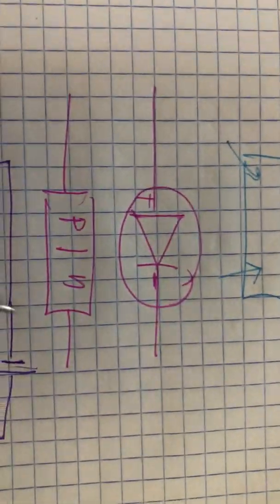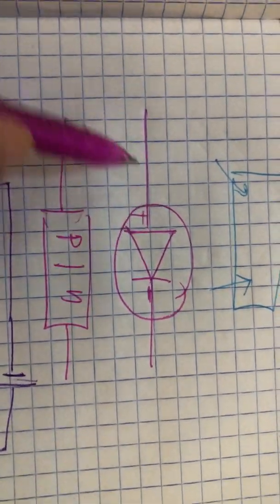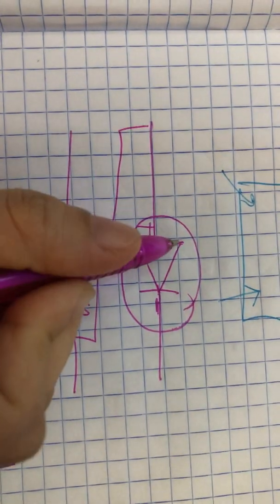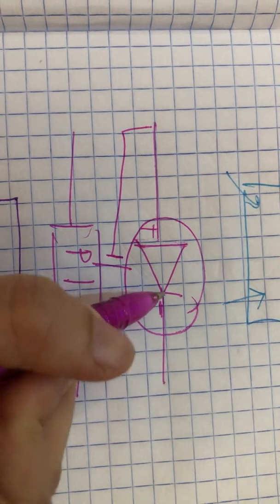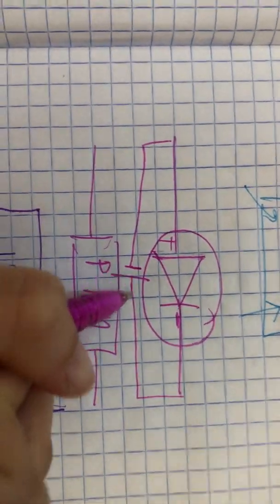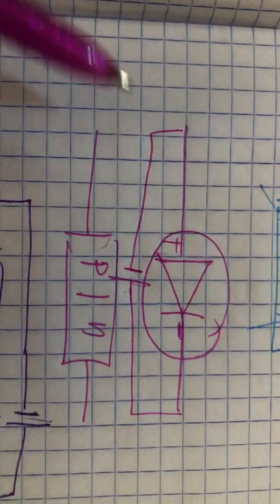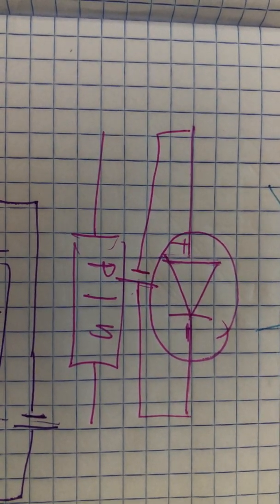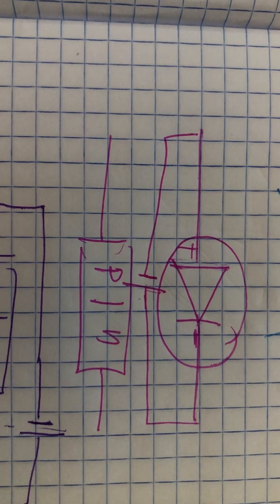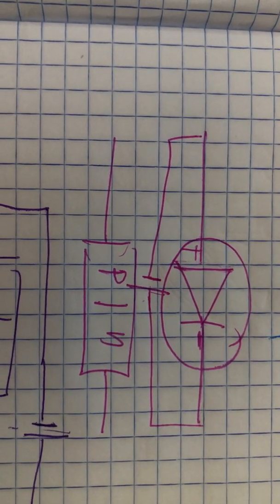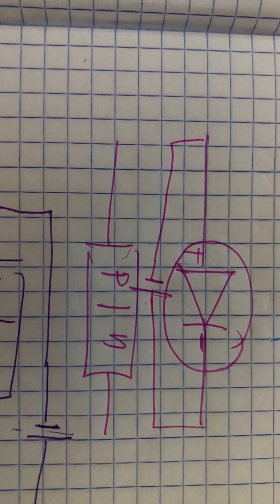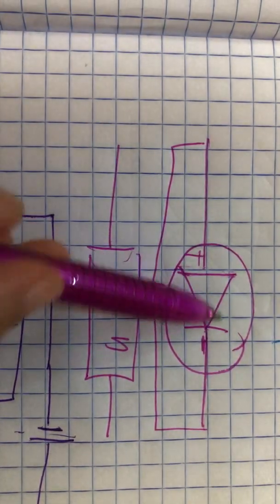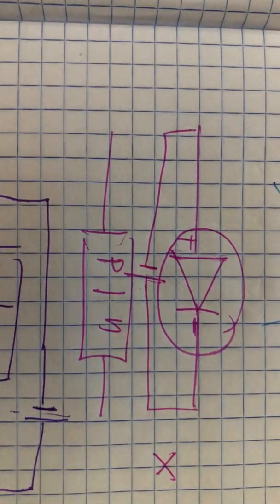If I purposely connect it wrongly, positive to the negative terminal of the battery, and negative to the positive terminal of the battery, then it will widen the depletion layer in the junction. That means the junction voltage will increase and stop the flow of electrons, which means there's no electric current. So this is the wrong way of connection.